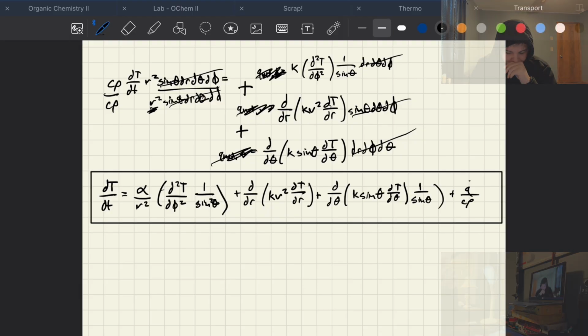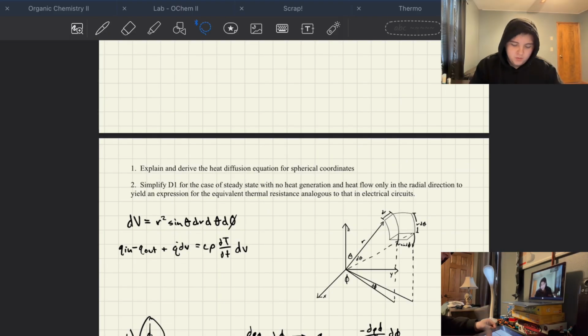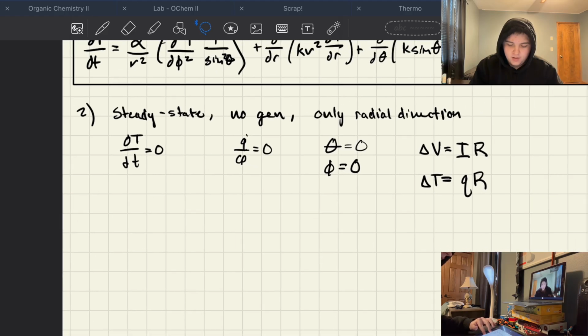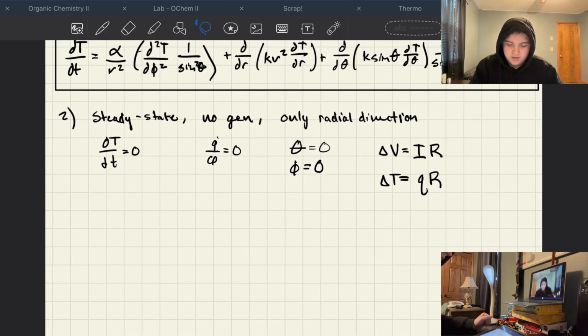Okay, on to part 2, which is: simplify d1 for the case of steady state with no heat generation and heat flow only in the radial direction to yield an expression for the equivalent thermal resistance. So I wrote out here steady state, no generation, only radial direction.